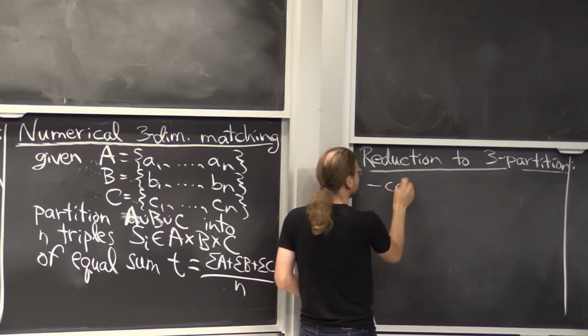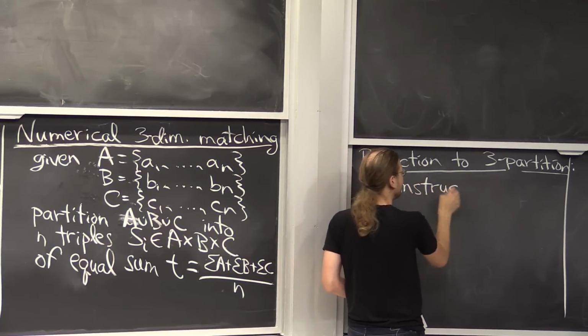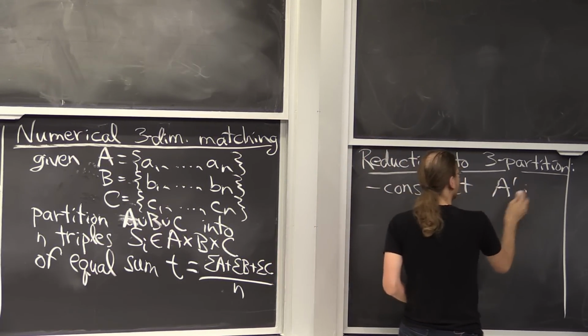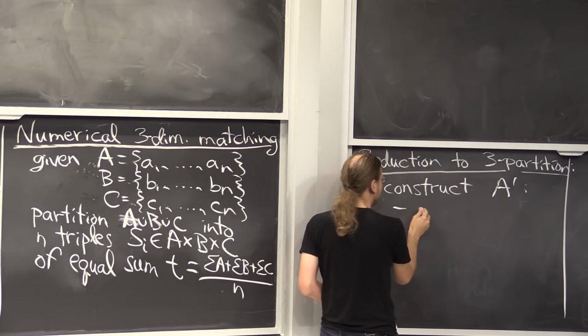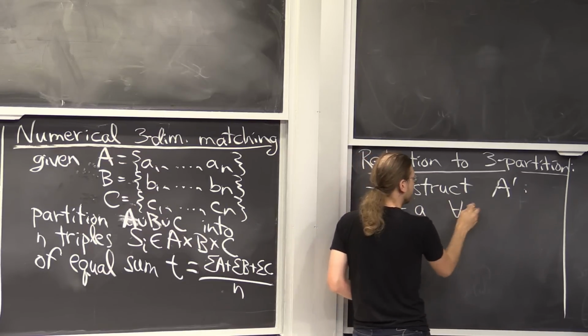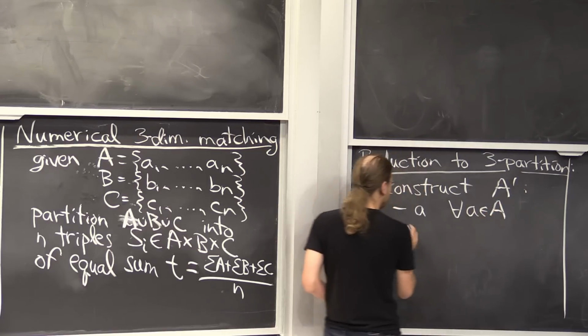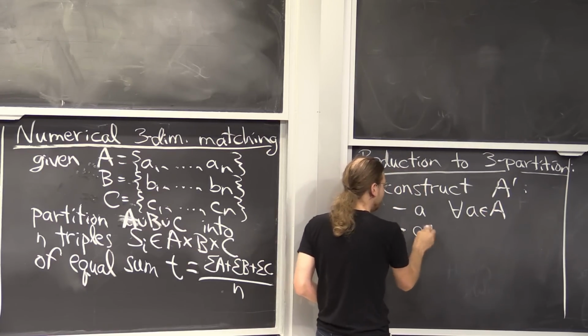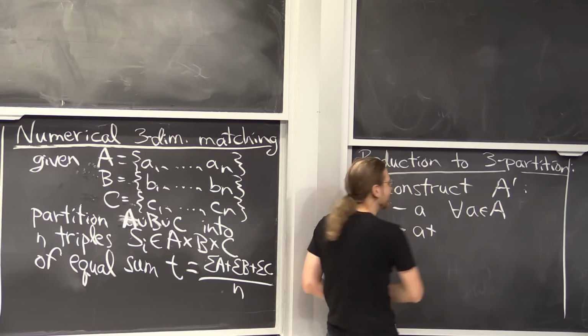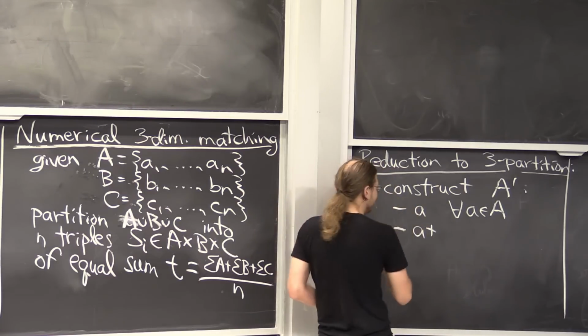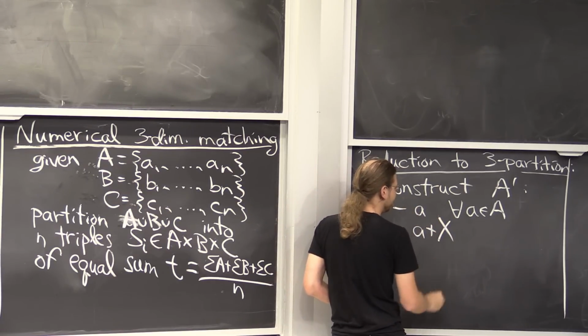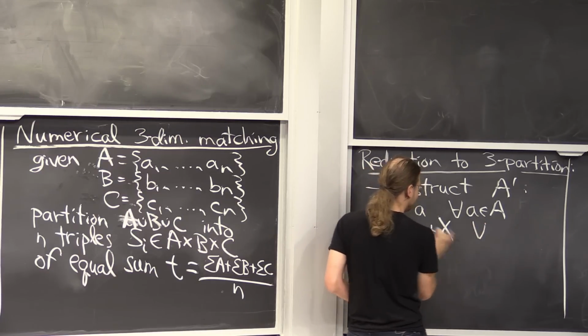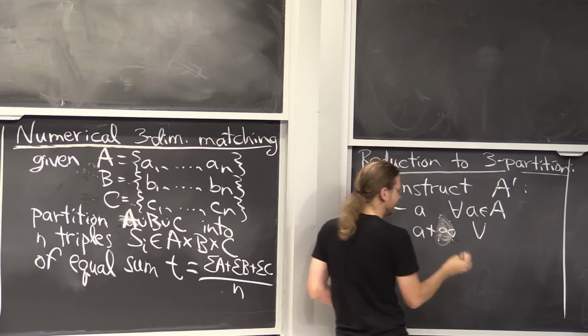Okay, so we will construct, I'll call it A prime, to consist of A for all little a in big A, and then we'll say A plus, usually I write the big number with a capital B, but that's not very good because we already have a B, so call it X. Or I should call it infinity for consistency, right?